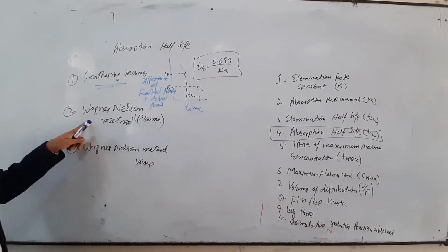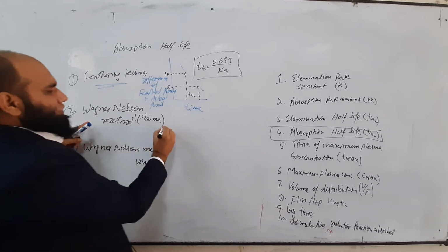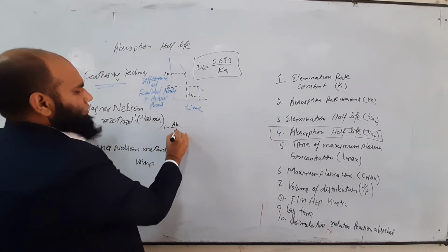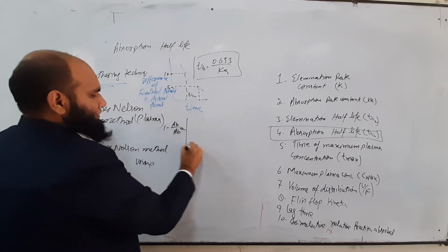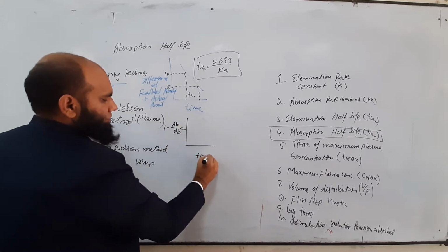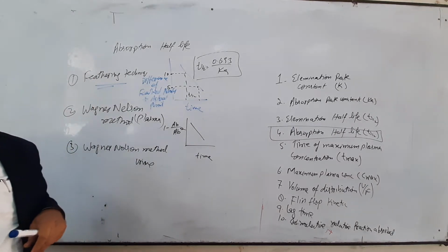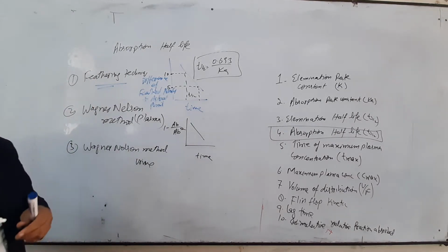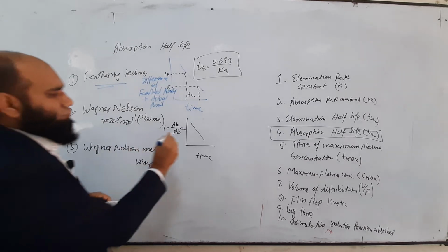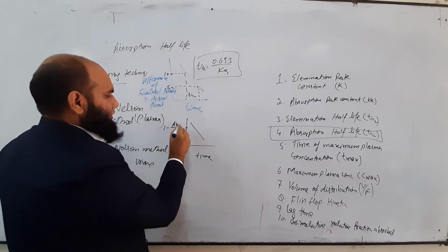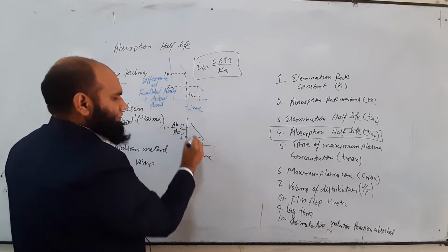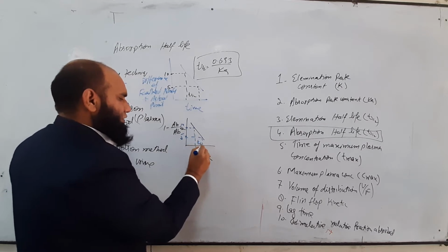Okay, come to the second way, the Wagner-Nelson method. We have already written this equation, 1 minus AB over AB infinity versus time. This will give us once again this type of straight line, which is just like elimination, and when we take the exact two half points, one is 5, one is 10, then the difference of this T is T half.